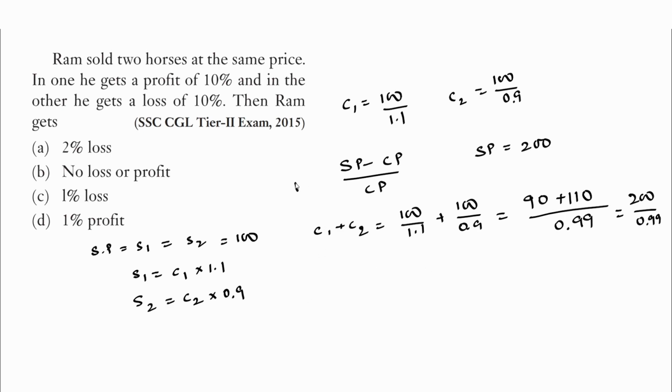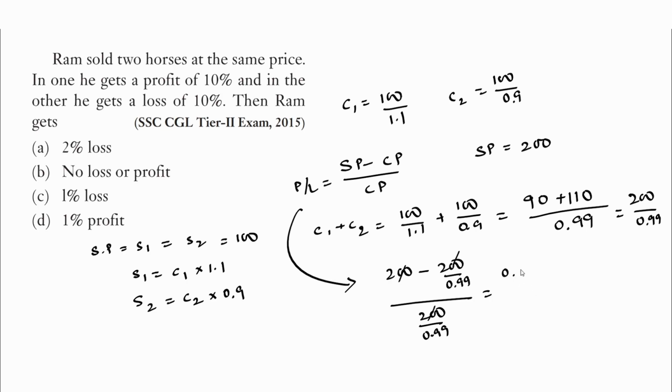So the profit or loss equals 200 minus 200 by 0.99, divided by 200 by 0.99. We can just cancel out the 200s on all the numerators and the denominators.